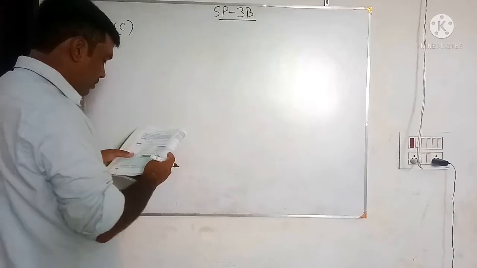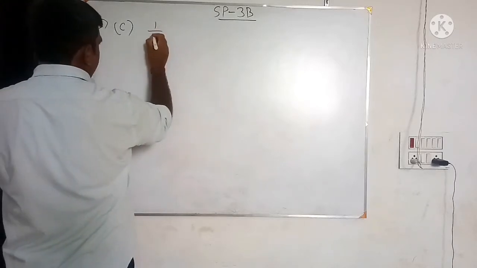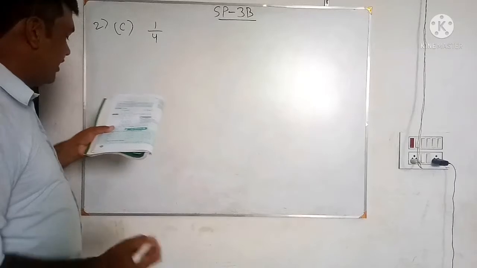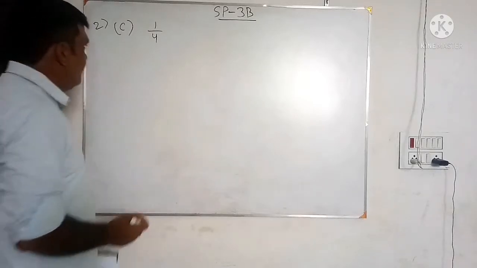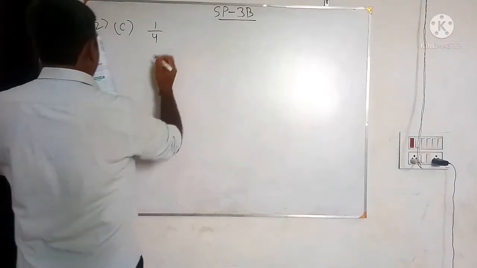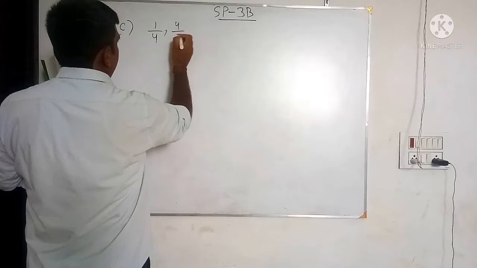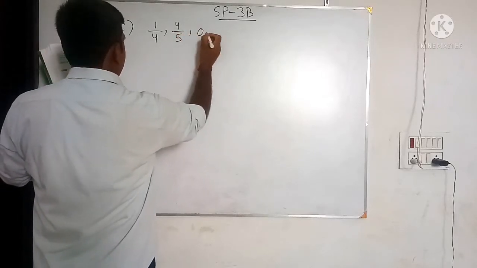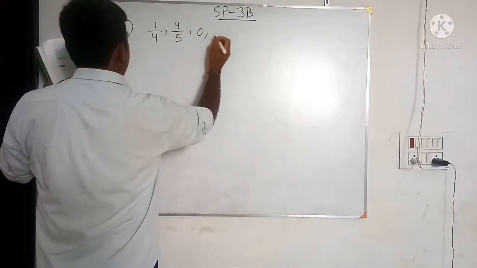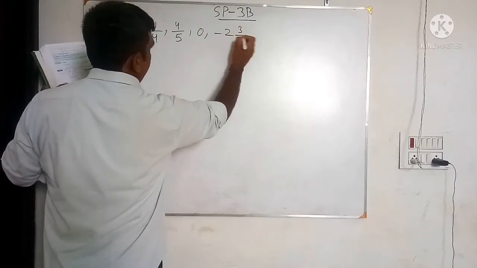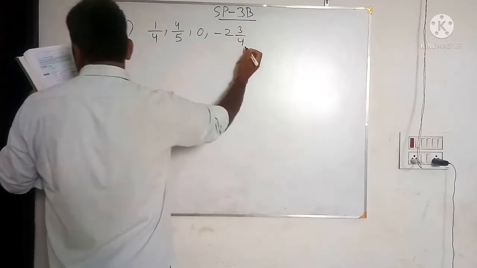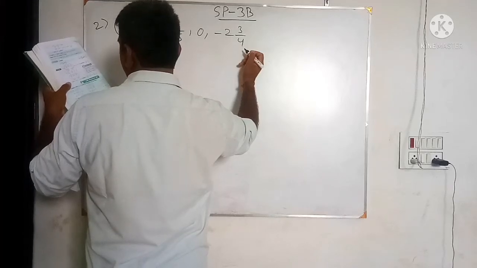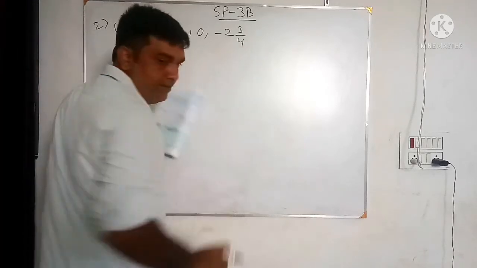So 1 by 4, 4 by 5, 0, minus 7 by 10, minus 0.8 are the given rational numbers, and we have to arrange them in ascending order, from least to greatest.